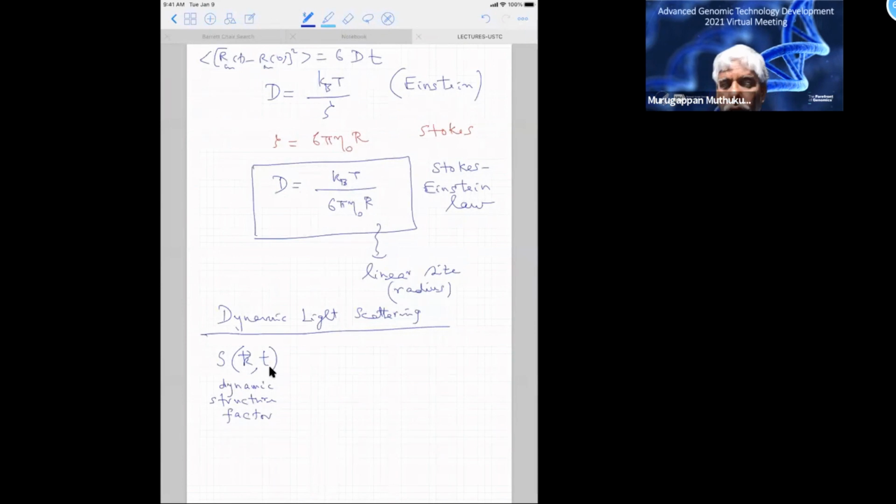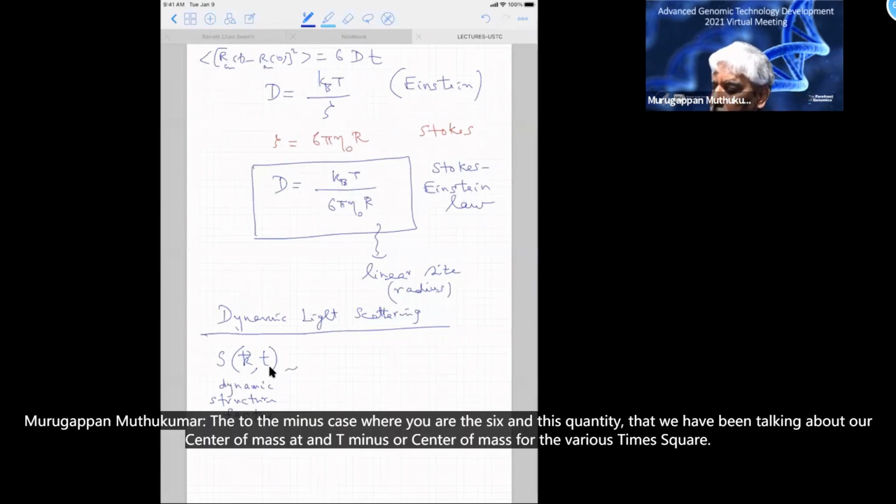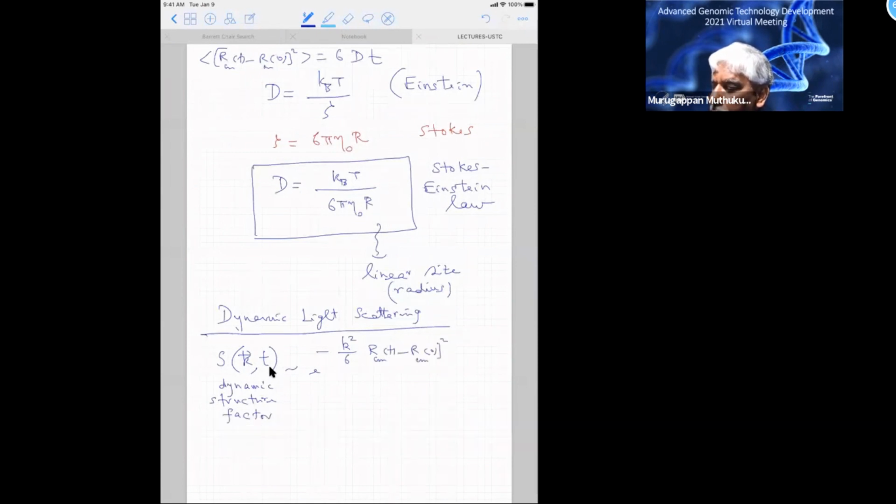This is proportional to e to the minus K squared divided by 6, times this quantity that we have been talking about, the average of R center of mass at time t minus R center of mass at an earlier time, squared.